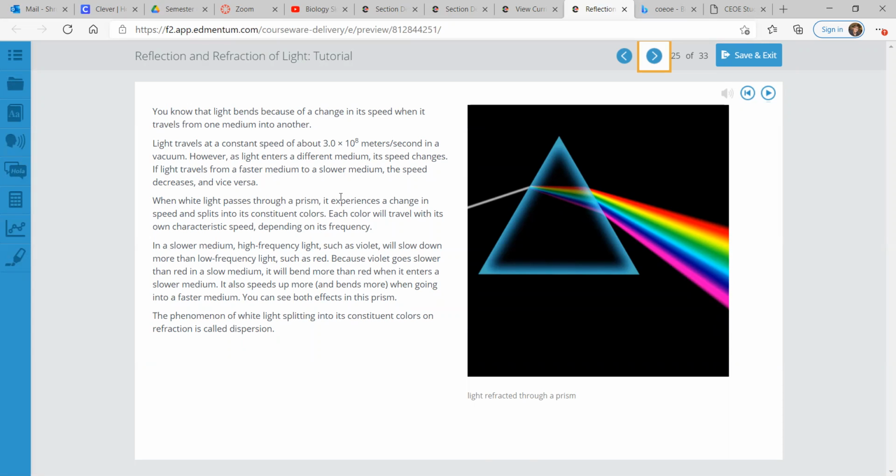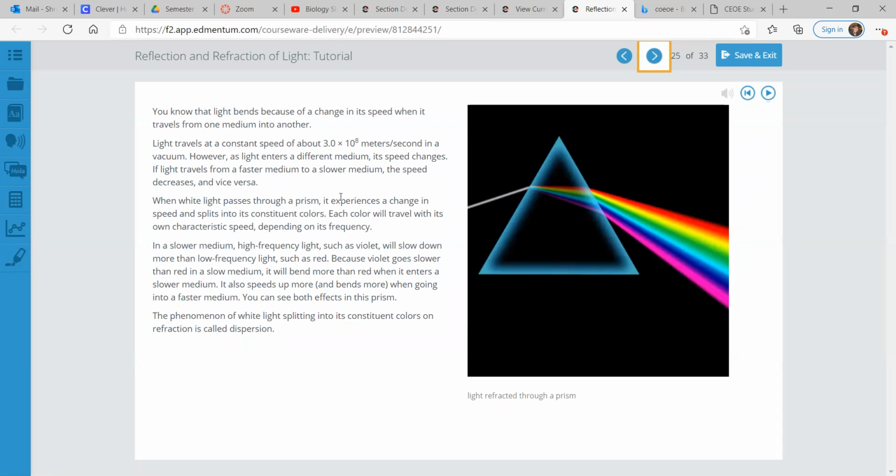When white light passes through a prism, it experiences a change in speed and splits into its constituent colors. Each color will travel with its own characteristic speed depending on its frequency. In a slower medium, high frequency light such as violet will slow down more than low frequency light such as red.